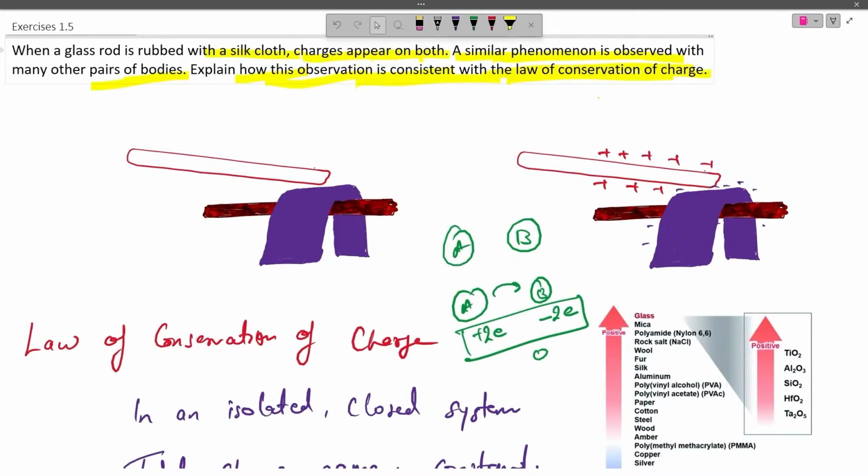constant. So initially we saw that glass rod and the silk cloth are both neutral, and after rubbing, just like in this A and B body, we saw that glass becomes positively charged and this silk cloth becomes negatively charged. Now which of the bodies will give up electrons depends upon the triboelectric series.